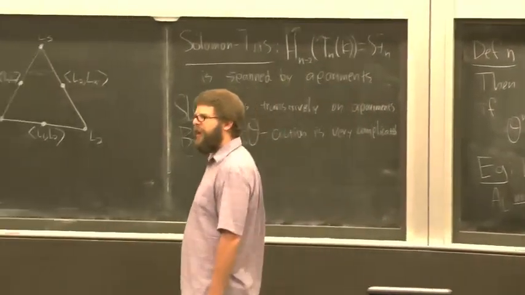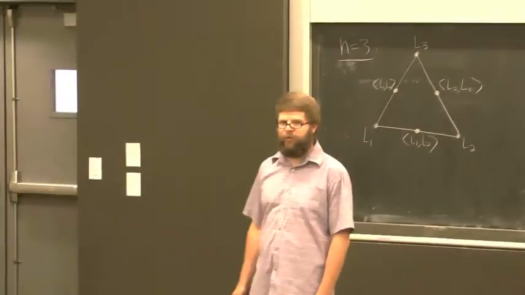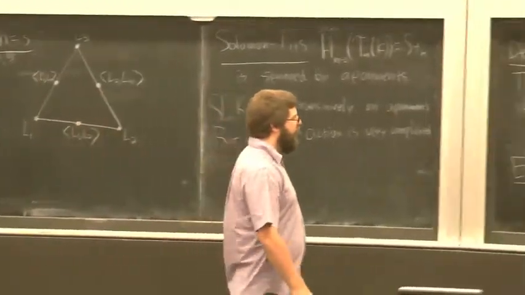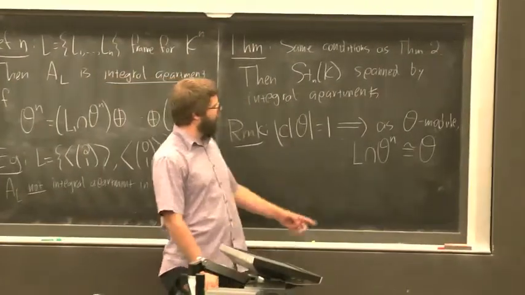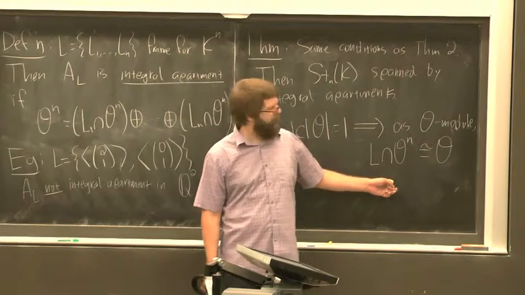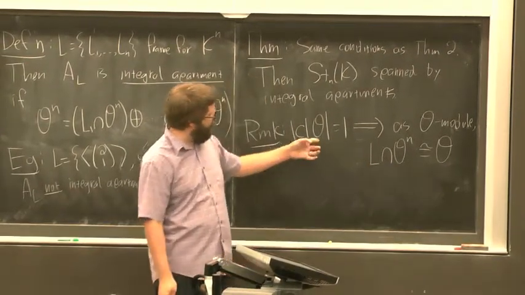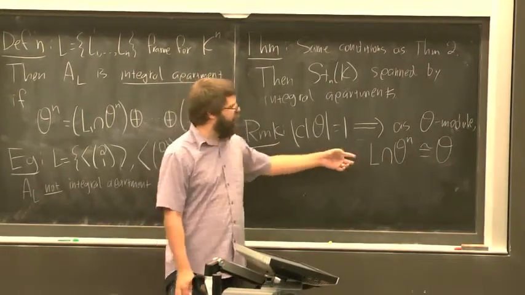So this is where that assumption comes in in proving this theorem. In general, L intersect O^n is going to be some projective module, but not all. The class group also classifies projective modules.